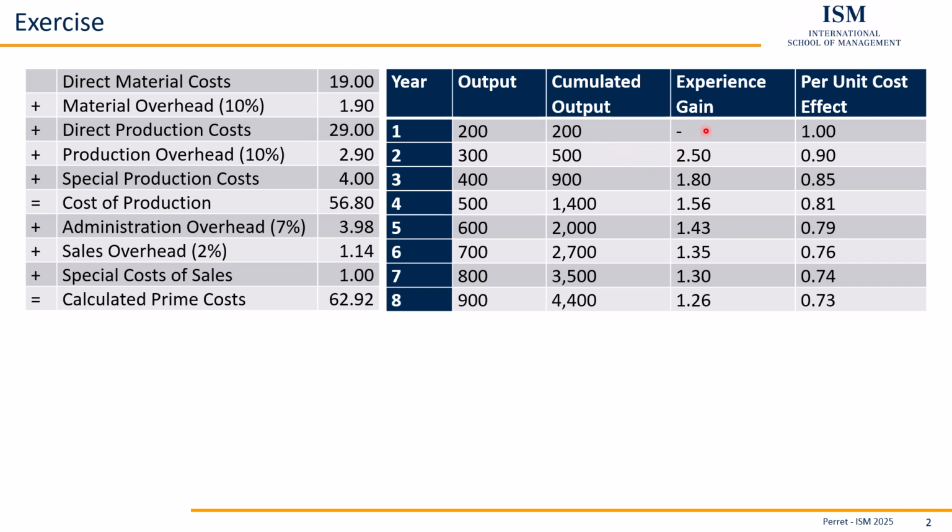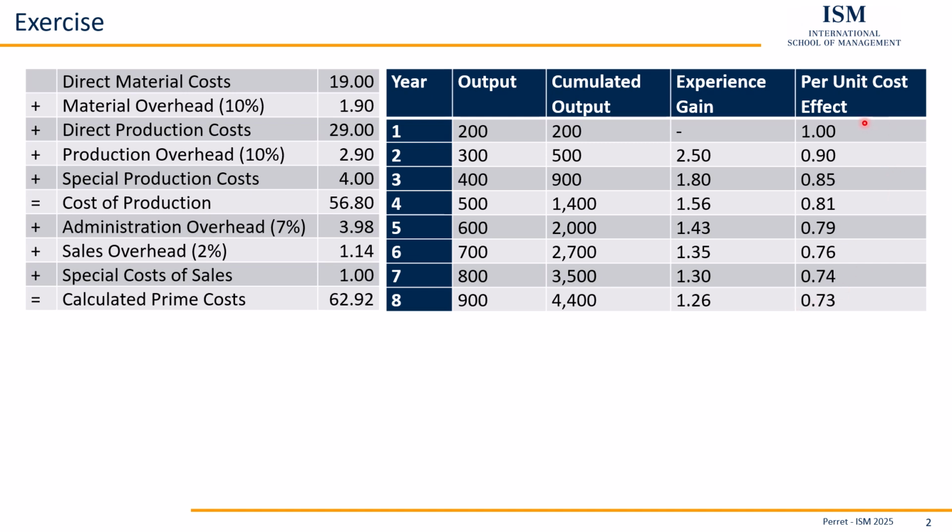This is expressed with the experience gain at this point, which then relates into a reduction of our per unit costs. So that's the part which is of primary interest for us, because this tells us how our production costs, so everything for this first part here, will reduce over time.